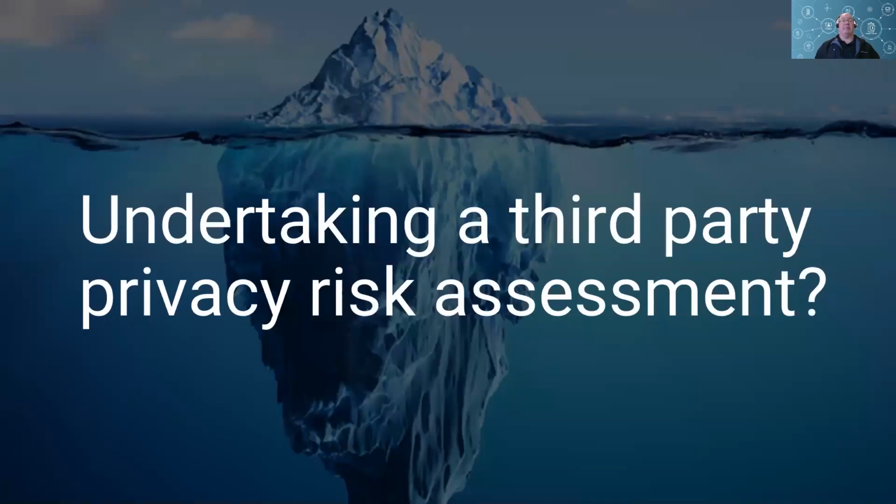So anyway, let's move on. How do we go about undertaking a third-party privacy assessment? Considerations that need to be included from a template point of view are organizational: how mature is the organization from a privacy perspective?